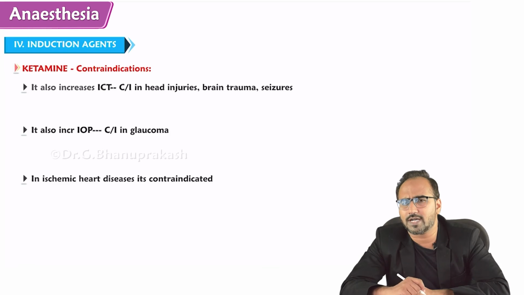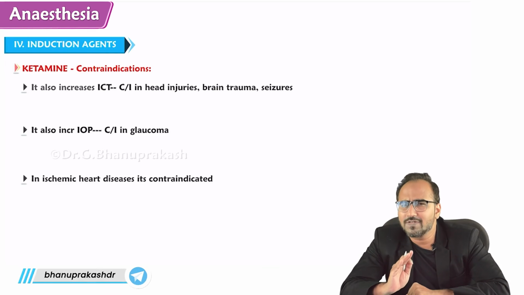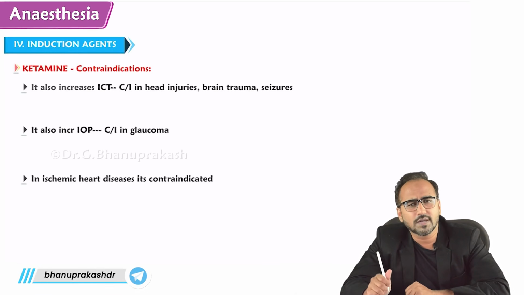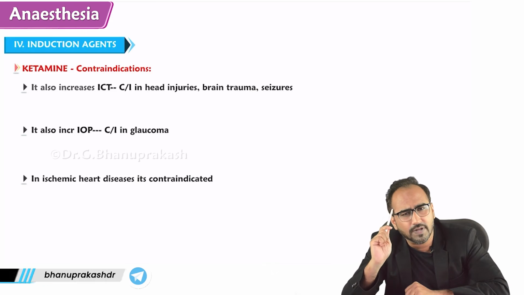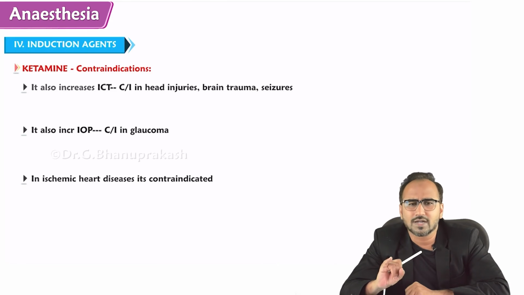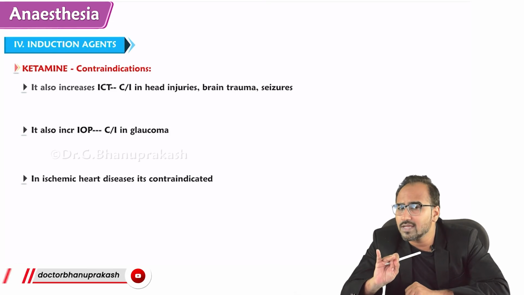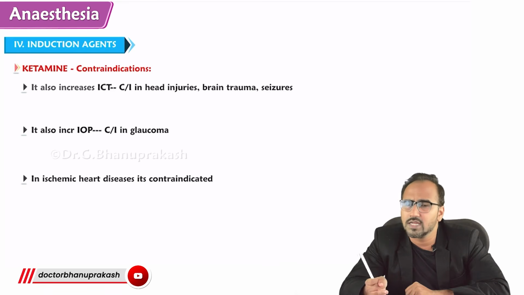Now we are going for the contraindications. If any one of your friends asks you about contraindications of ketamine, the immediate answer should be that all contraindications of ketamine come from the CNS. Contraindicated in head injury, neurosurgery. Contraindicated in glaucoma, because it increases the intraocular pressure.